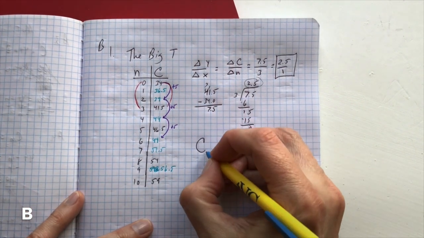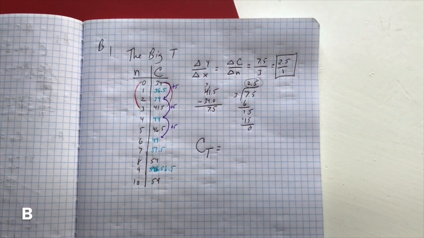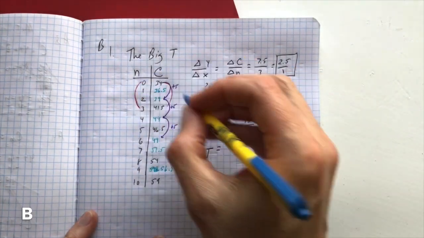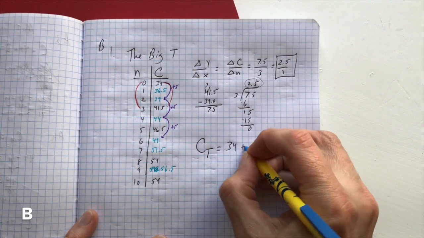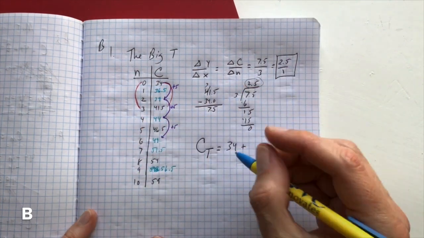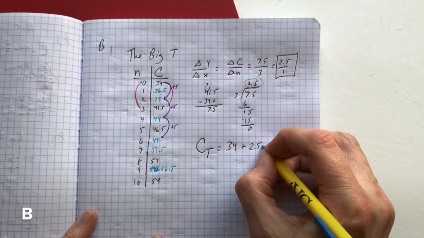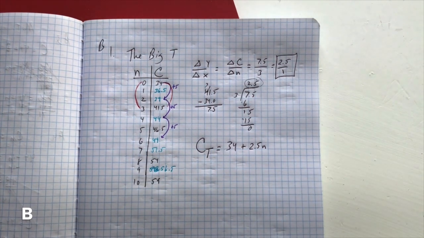So the cost at Big T is going to be equal to that $34 plus the 2.5 times n in that case. And that actually asks us to figure out something a little bit later on, but that's how we can figure out what the equation is.